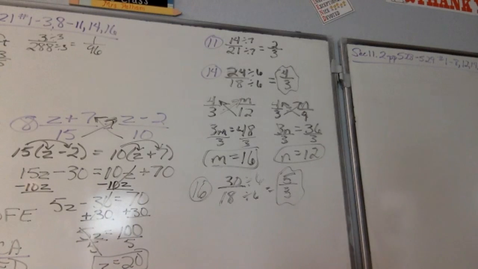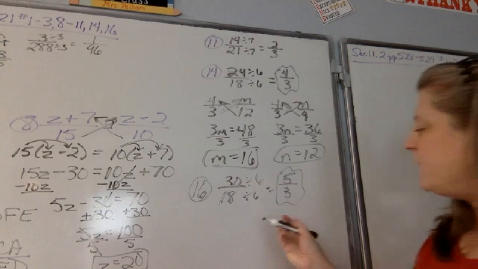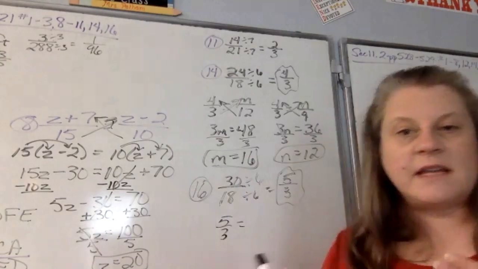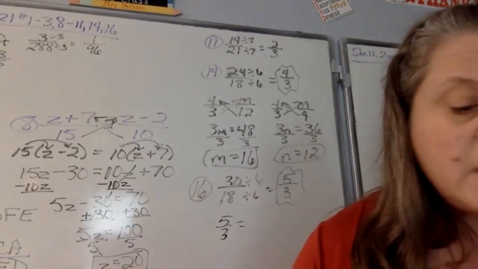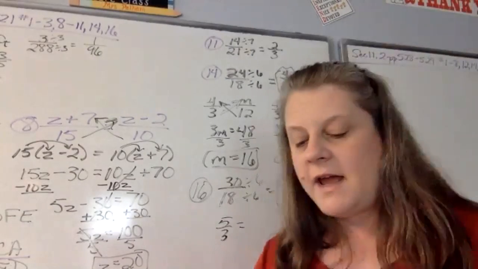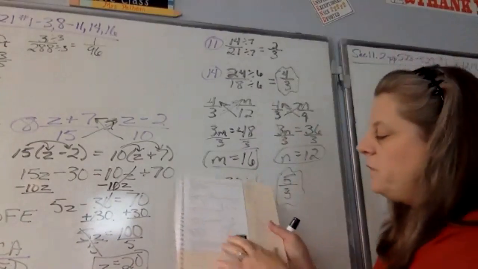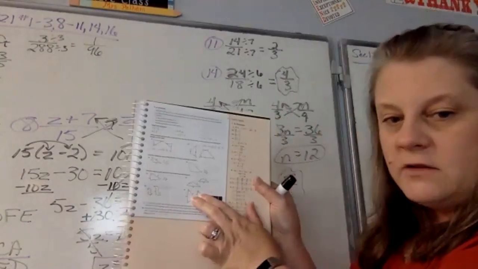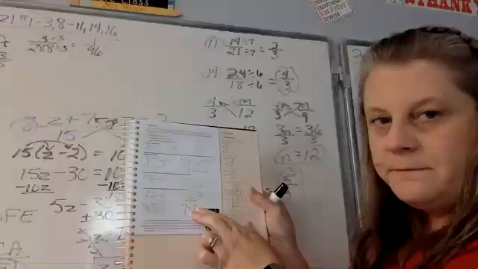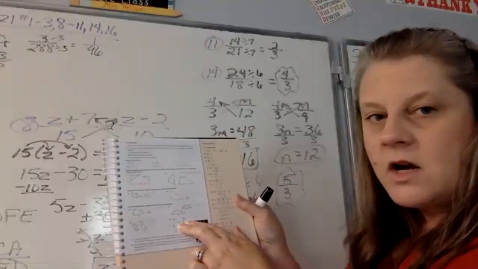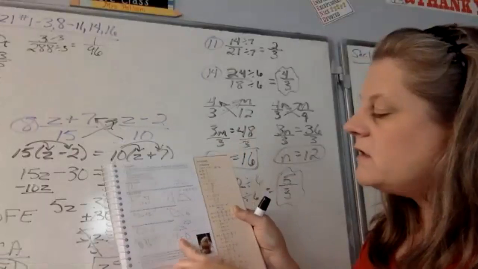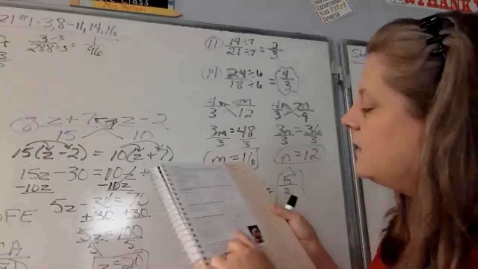Okay? So I have 5/3 is equal to, and then I've got to set my proportions. So on here, we are looking for R and we're looking for S. So you find where R is in your triangles. R is the top right-hand side. Everybody see that? Everybody see R is on the top right-hand side of my little triangle? So what goes on the top right-hand side of my big triangle?